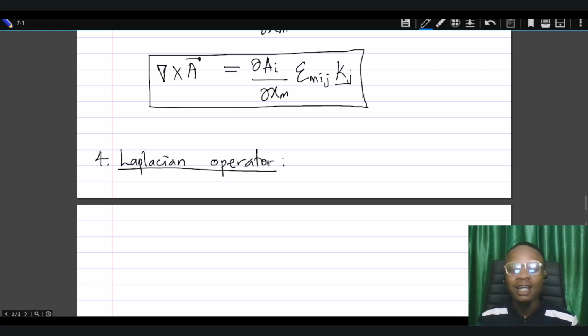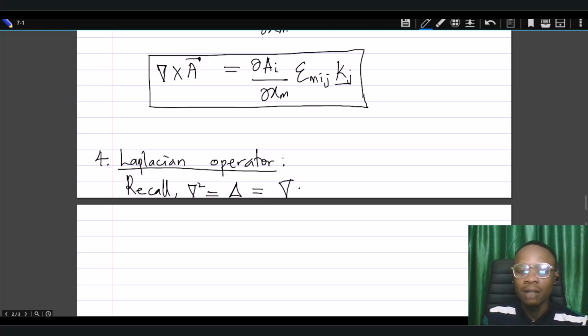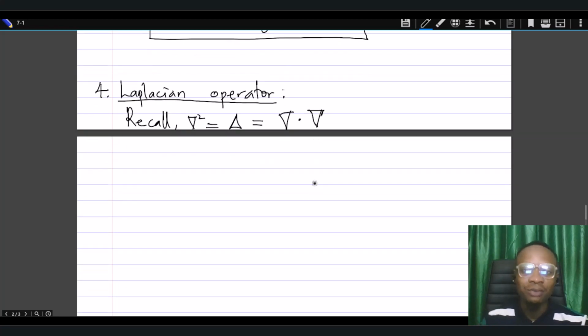So how do we define the Laplacian operator? You should recall that nabla squared, which is what we called the Laplacian operator, and which we said could also be written as delta, was simply equal to nabla dot nabla. So if we take nabla dot nabla, what would that be?